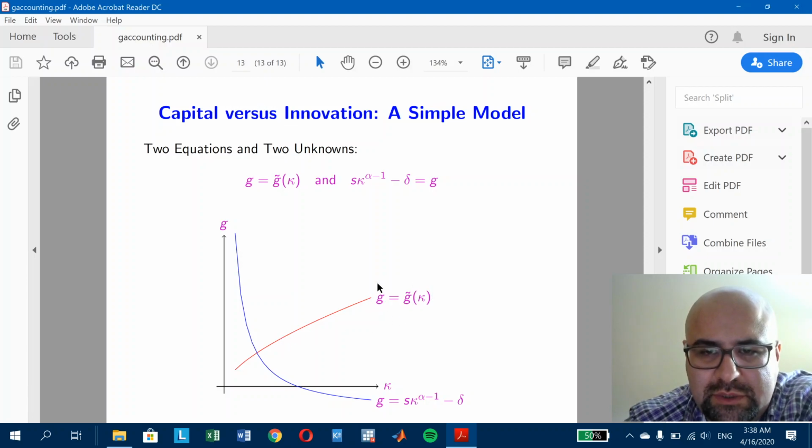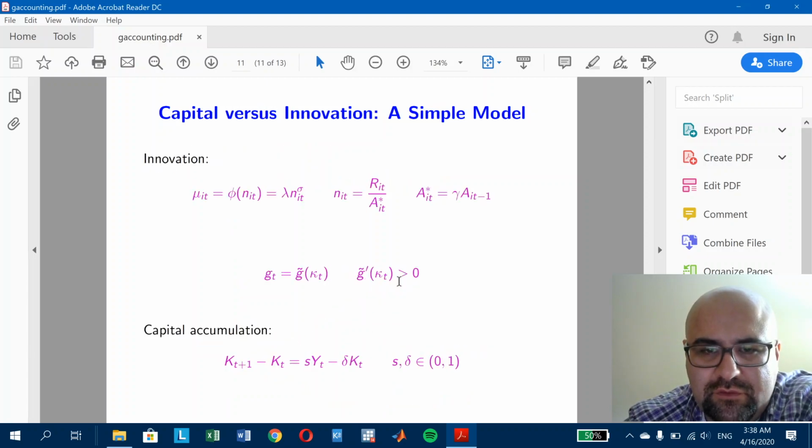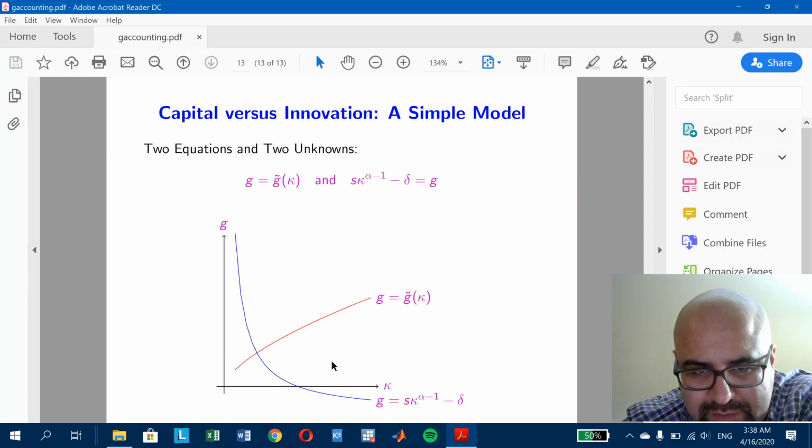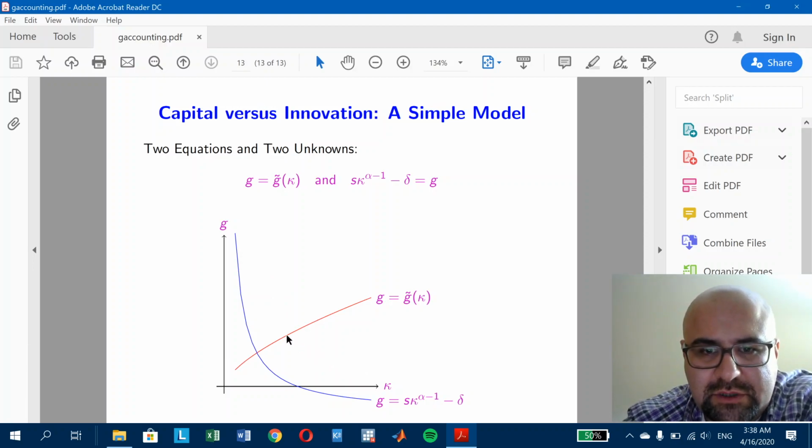Because s will not be affecting this. If you do the math and find this function, you will realize that it doesn't depend on s. So when s goes up, the society saves more and accumulates more capital in the steady state relative to average productivity, but the growth rate will also be larger.